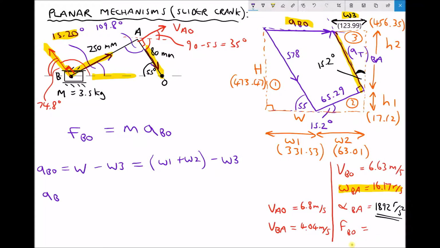Therefore, the acceleration of B relative to O equals 331.53 plus 63.01 minus 123.99, which was our value for W3. Therefore, the acceleration of B relative to O equals 270.55 meters per second squared.